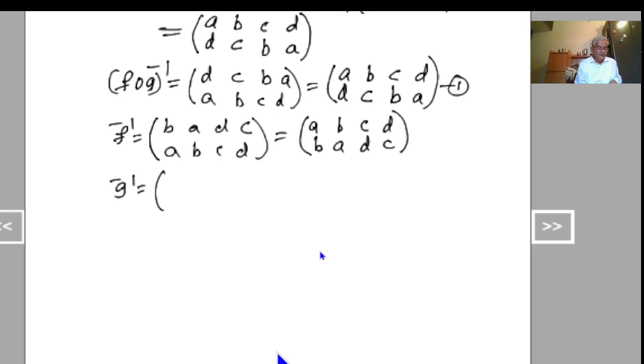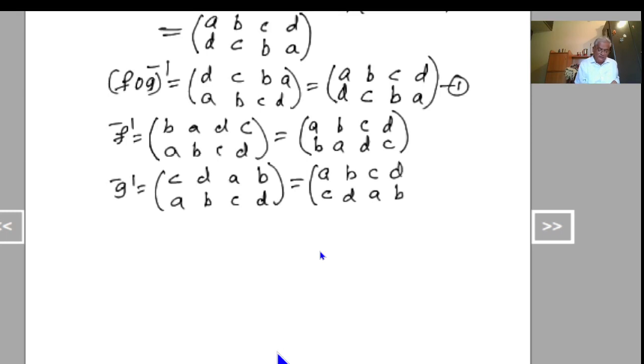Second row elements of G are C, D, A, B. I write C, D, A, B, then we write A, B, C, D. This is equal to writing the terms in order. That is first I write A to C, then B to D, then C to A, then D to B. Okay, this is our G inverse. Then what we have to find out?